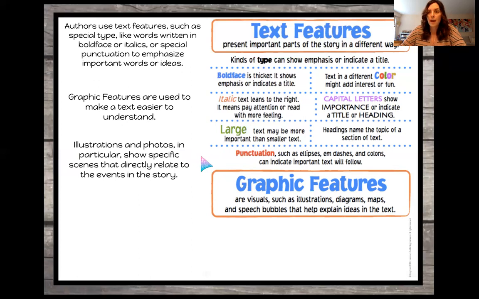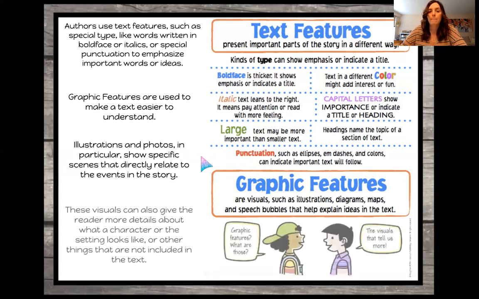So it's a way to add information for you, the reader, so that you can more easily understand what you're reading. Visuals also give the reader more detail about things that might not be written in the text. So they can show you what a character looks like or what a setting looks like, even though it's not explicitly stated in the text.